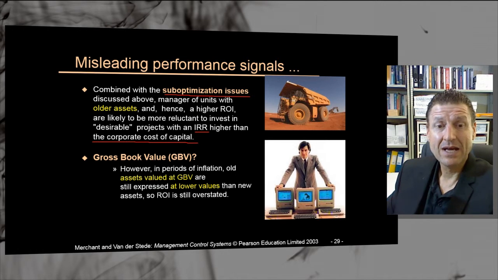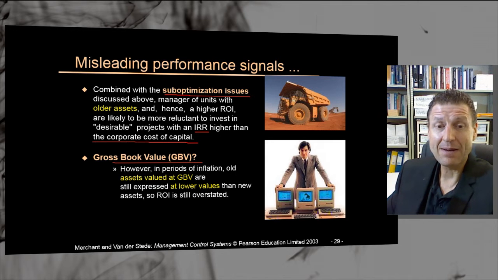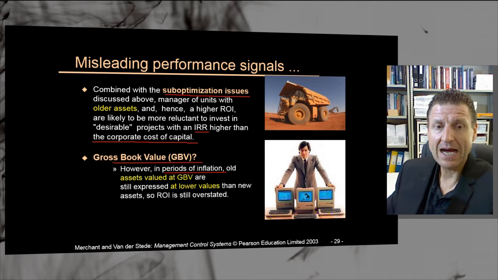And next, the gross book value is another measure. However, in periods of inflation, old assets valued at gross book value are still expressed at lower values than new assets, so the return on investment is still overstated.